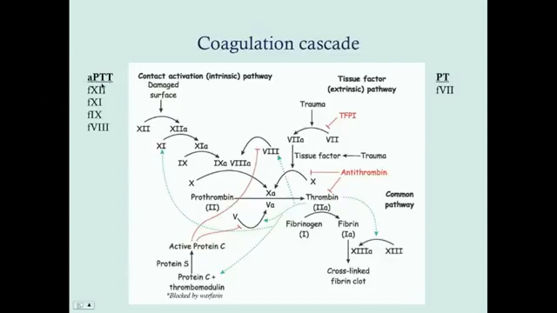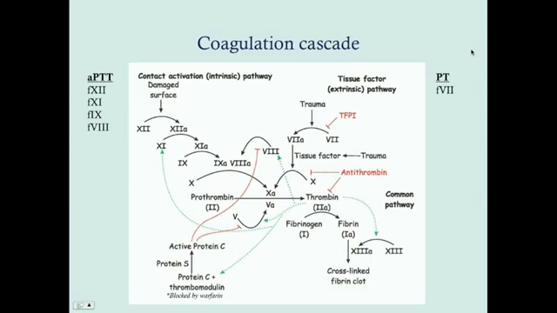So when you measure your PTT, you're measuring the integrity of this pathway. If your PTT is prolonged, then you know that one of these factors is either deficient or not working, or there is an inhibitor. So this is what it's measuring: factors 12, 11, 9, and 8.